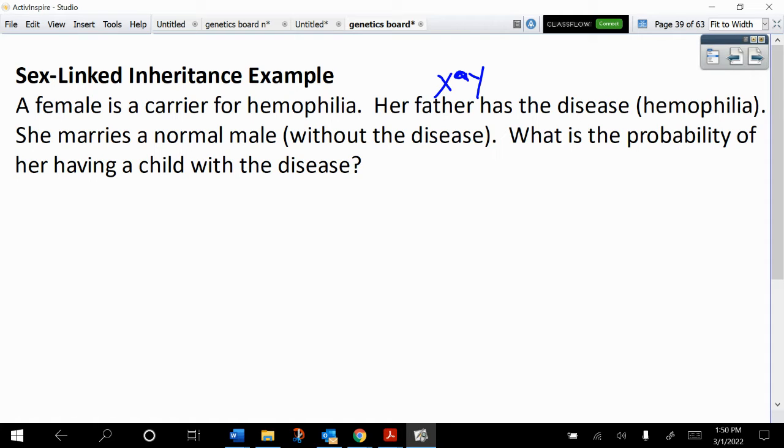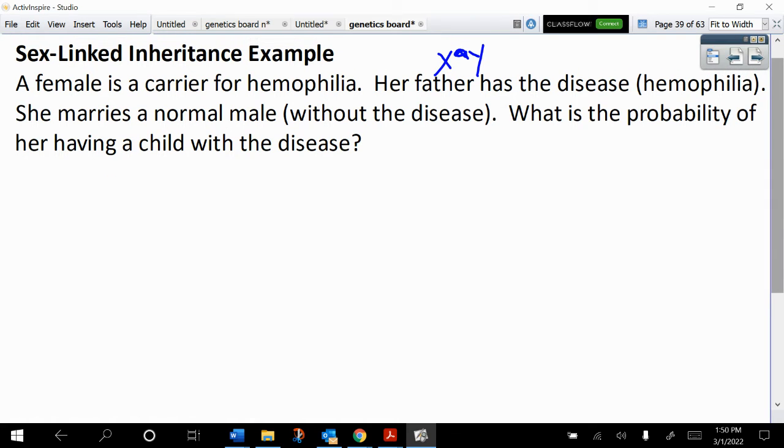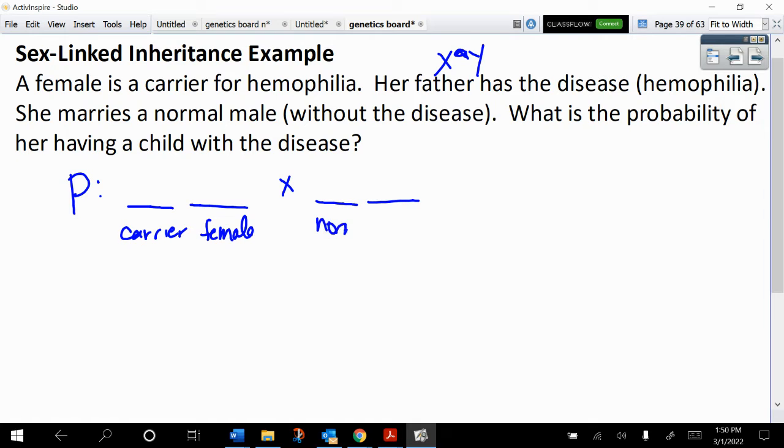So what's the probability of them having a child that has the disease? So with this, we know that she is a carrier female. And we know that she marries a normal male, normal vision male. So the carrier female must have XX and the male must have XY.